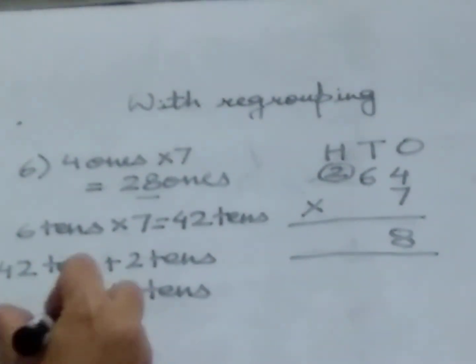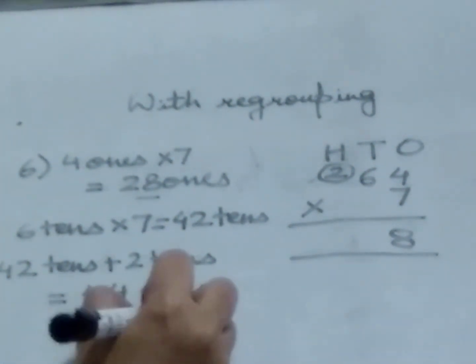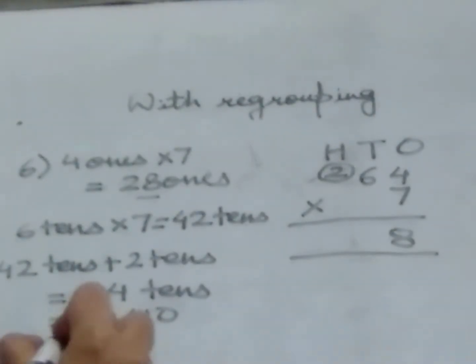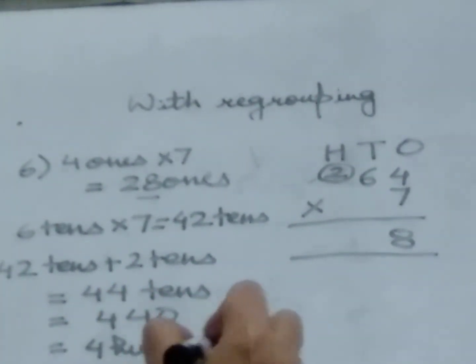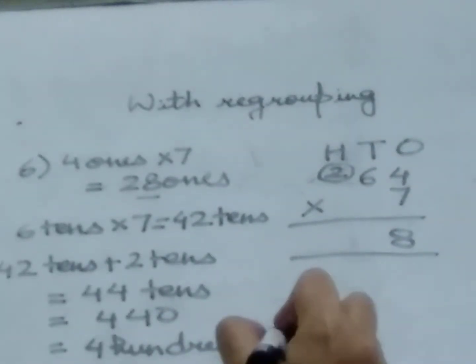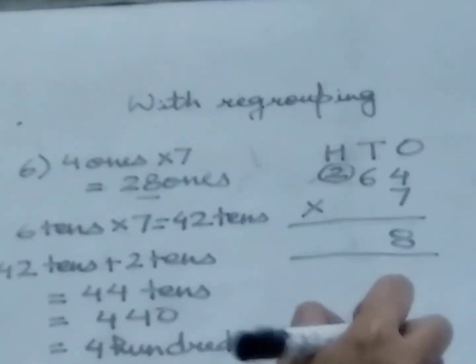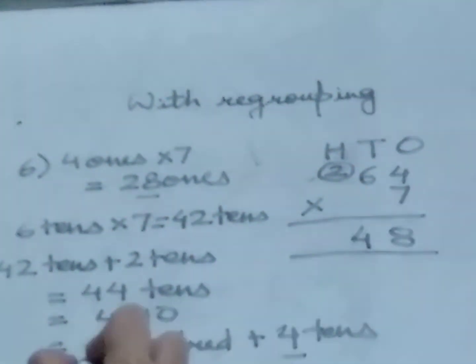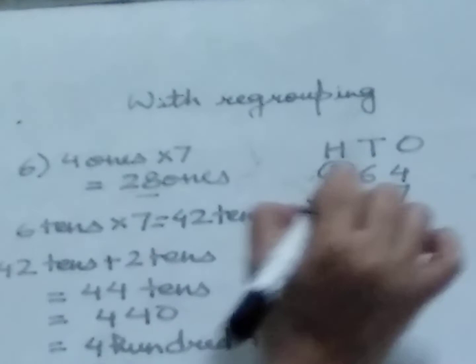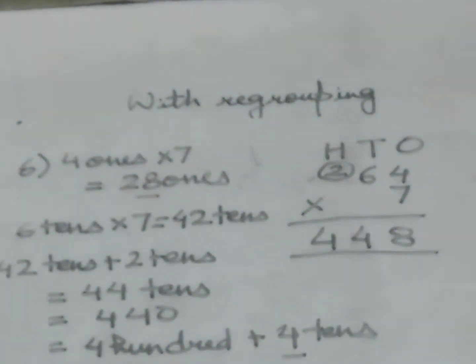Or you can write it as 440, which means 400 plus 4 tens. Now write this 4 in the tens column and this 4 in the hundreds column. So our answer is 448.